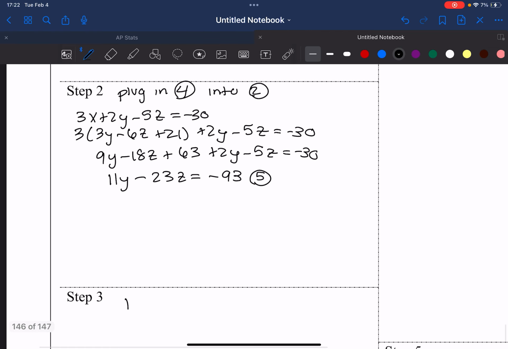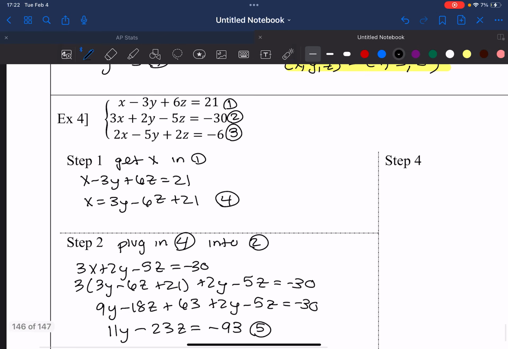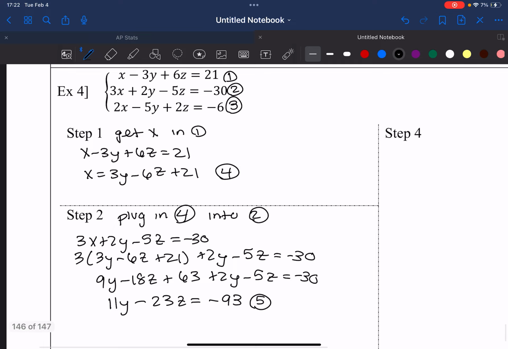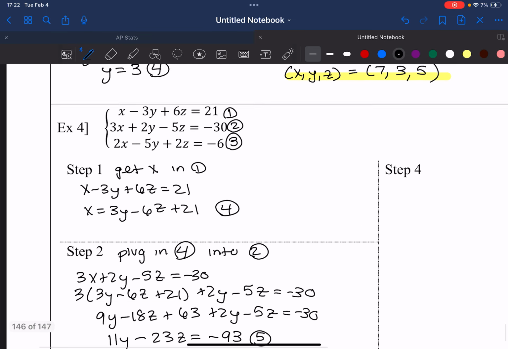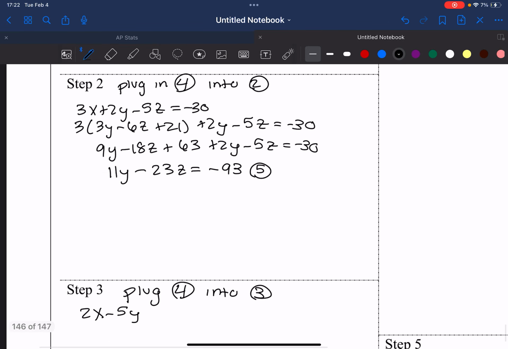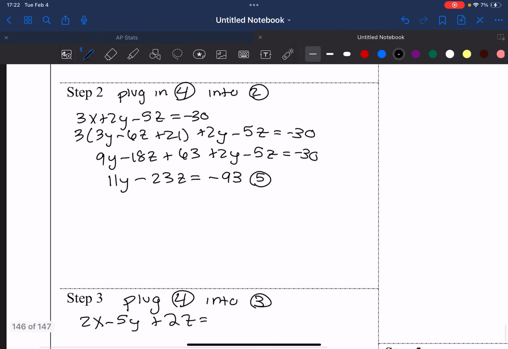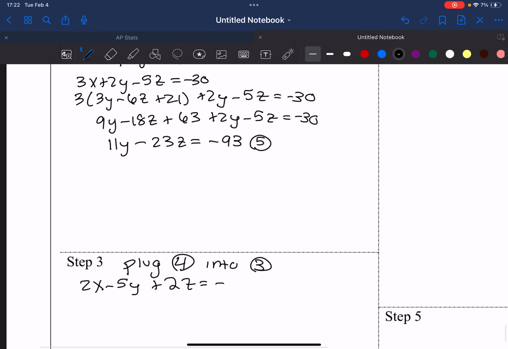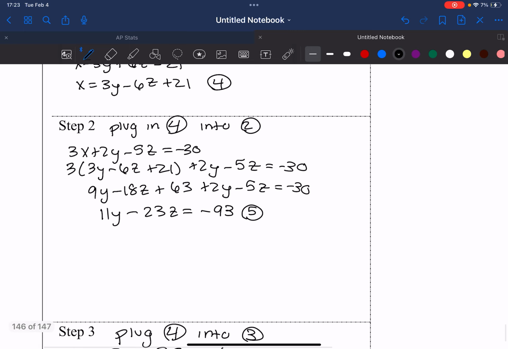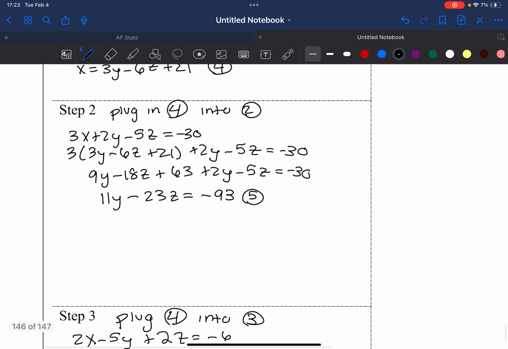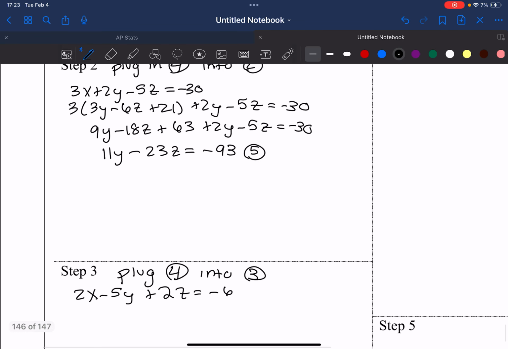Now I'm going to plug 4 into 3. Well, equation 3 is 2x minus 5y plus 2z is equal to negative 6. But we know that equation 4 is that x equals 3y minus 6z plus 21.